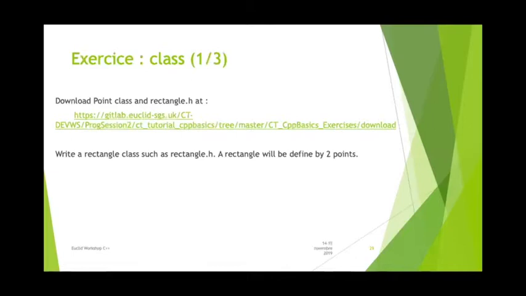And a rectangle doesn't work like that; a rectangle is defined by two points. If you have 2 points, you can define the rectangle. So you just give 2 points and you print the info.